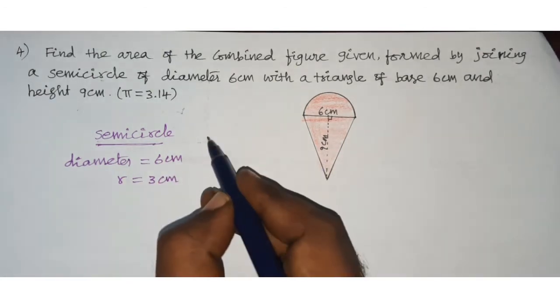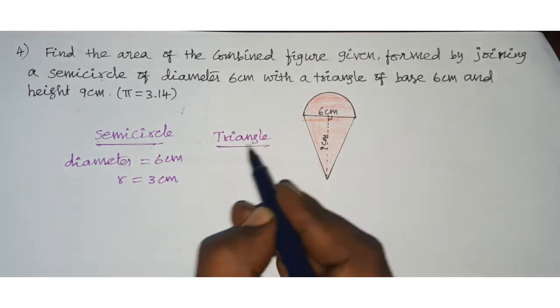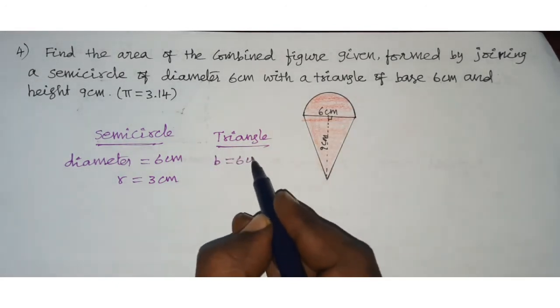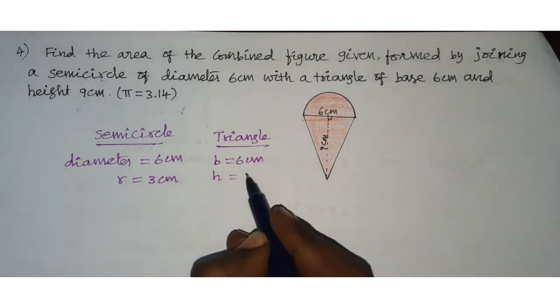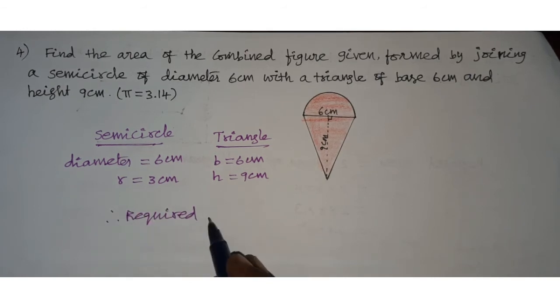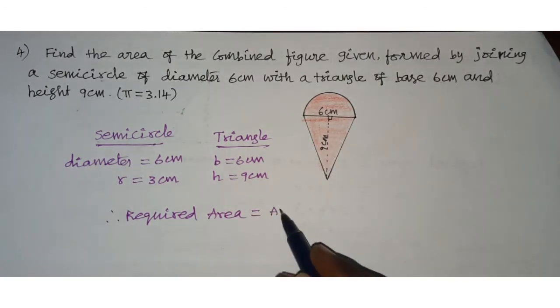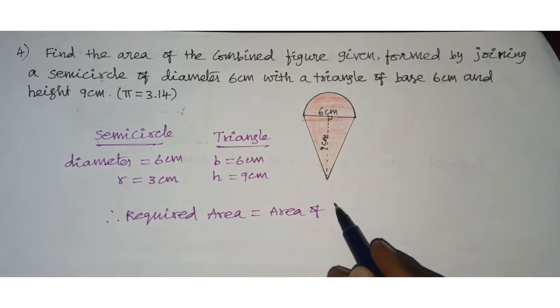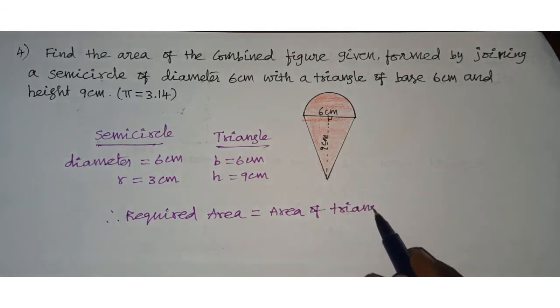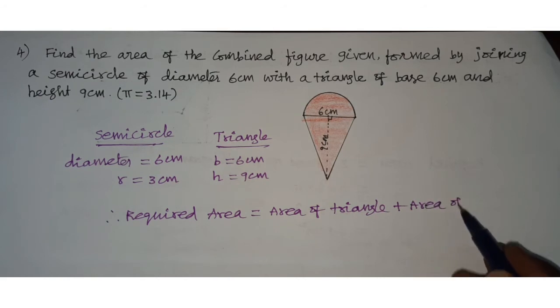Okay. Then the triangle is given base equal to 6 centimeter and height equal to 9 centimeter. So to get the required area, we can add both areas, area of triangle plus area of semicircle.